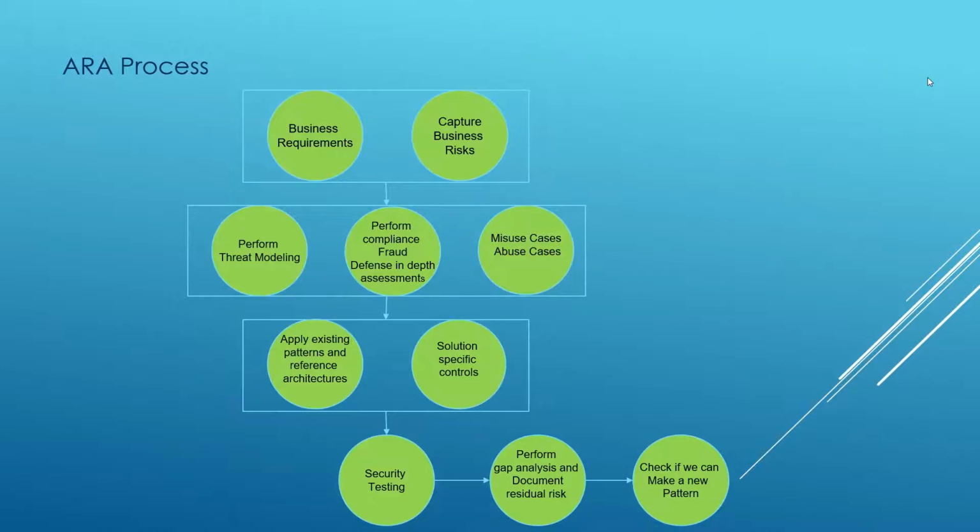So once you start your architecture risk analysis process, the first thing is look at the business requirements and understand what are the business risks. If you do not have an understanding of business risks, either you might end up putting excessive controls, which might cause problems for the business to perform, or you may end up putting fewer controls. That way, you are putting the business at risk.